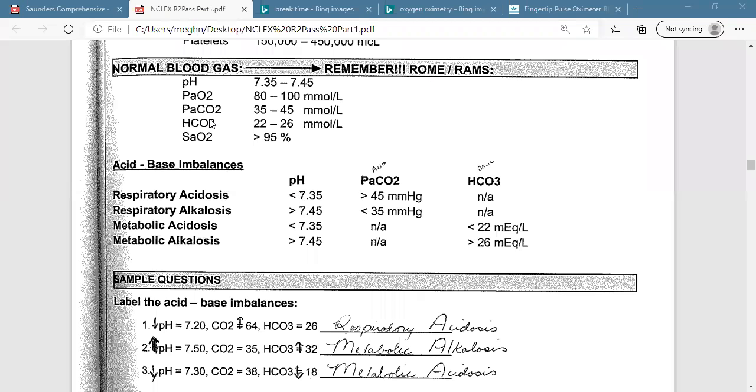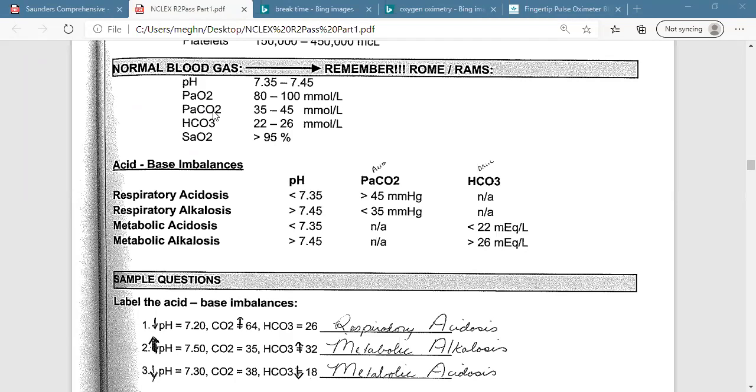Now another example, question number 2. The pH is 7.50. When pH is 7.50, it is more than 7.45, so it is an alkaline problem. Alkaline is either respiratory alkalosis or metabolic alkalosis. Which one? We can check carbon dioxide or bicarbonate ion.